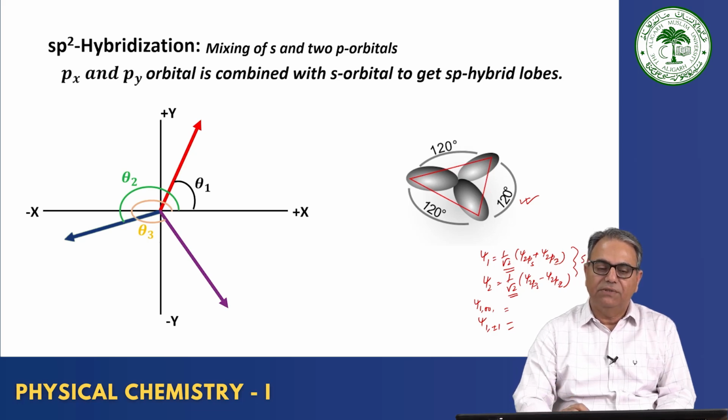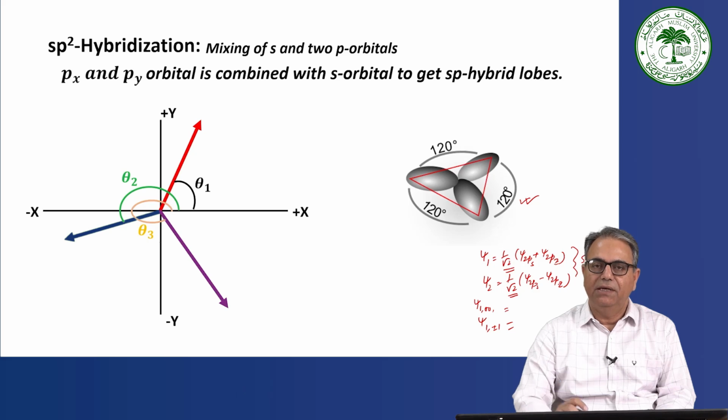The same happens with hybrid orbitals, which we explain by valence shell electron pair repulsion theory, where lone pair repulsion is much higher than lone pair-bond pair, and the weakest repulsion is bond pair-bond pair.